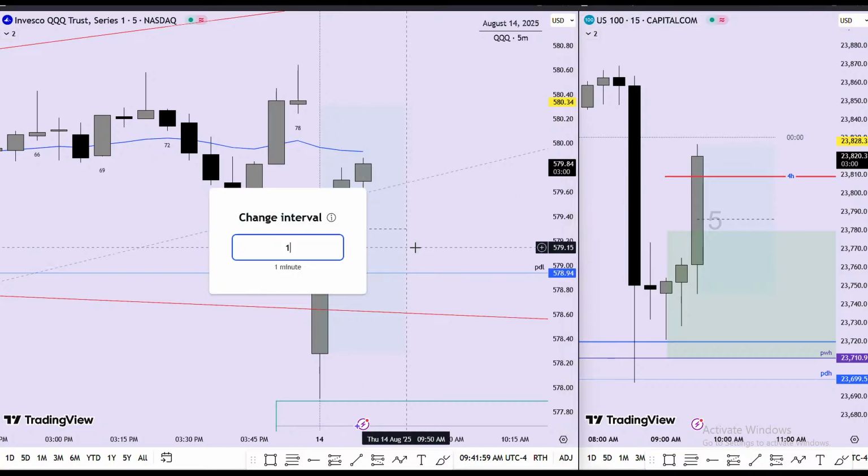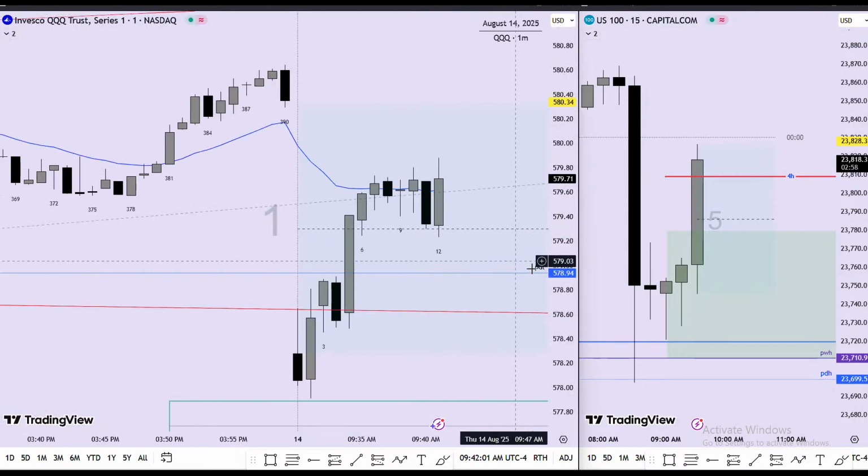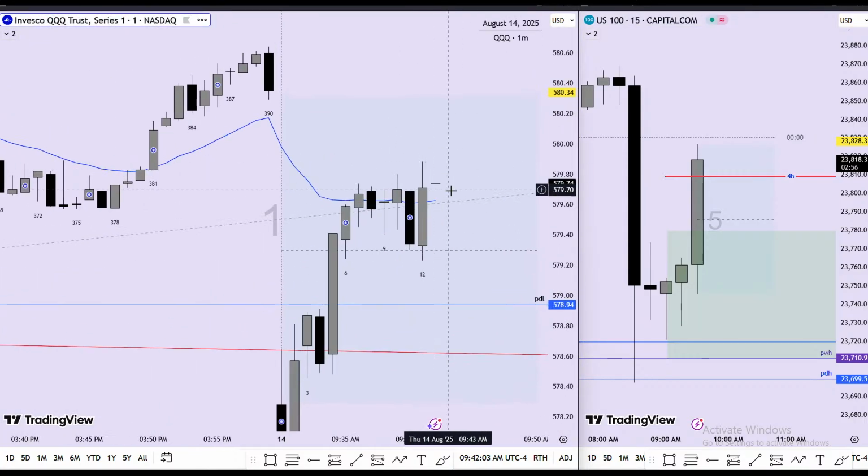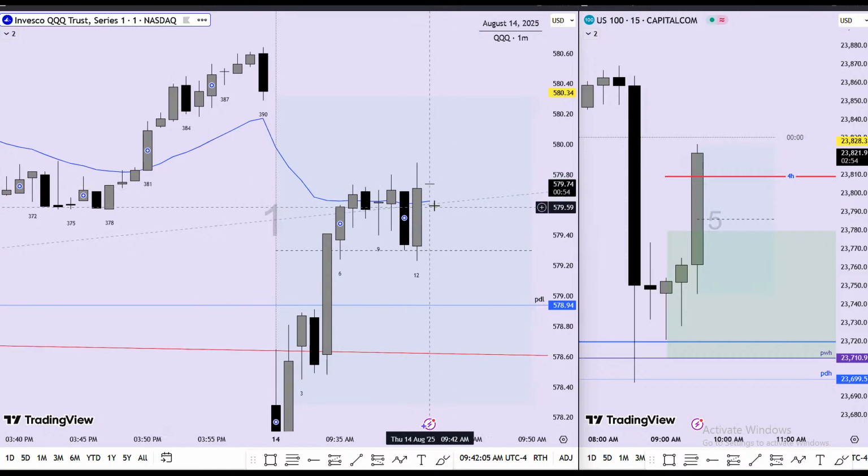Just things to keep in mind. We are testing the moving average on the 1 minute. So this is an indication of a good long, but I'm not going to take a long, just telling you what's going on.